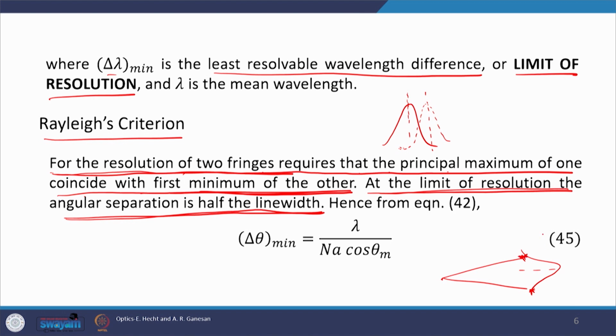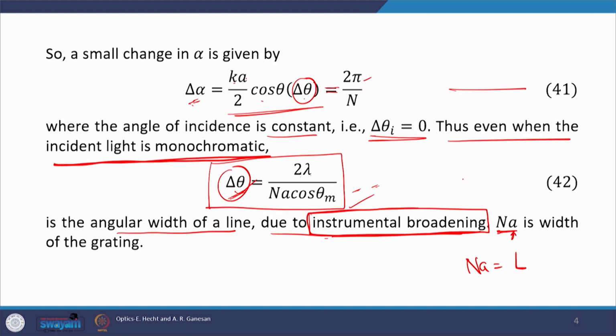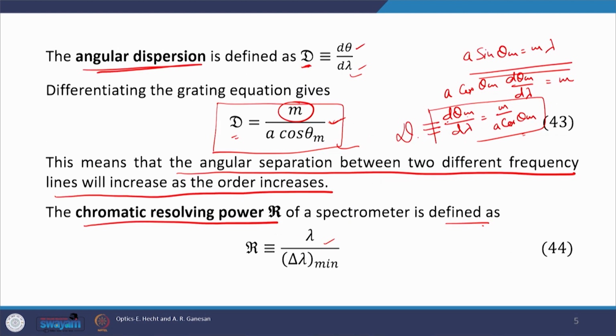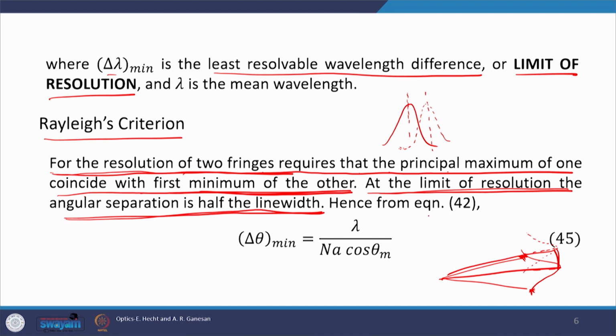On this first minimum, the principal maximum of the other wavelength is falling. Therefore, this angle would be half of delta theta, which we measured in equation number 42. Therefore, at the limit of resolution, the angular separation would be delta theta by 2, which we call delta theta min. And this is what is defined here.